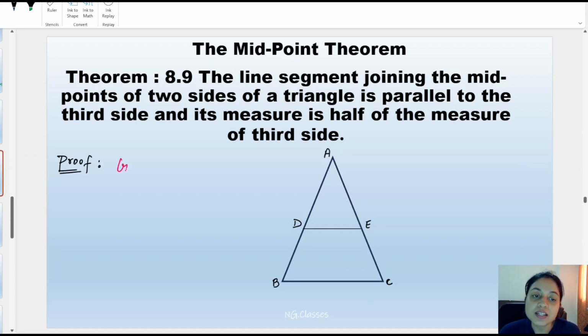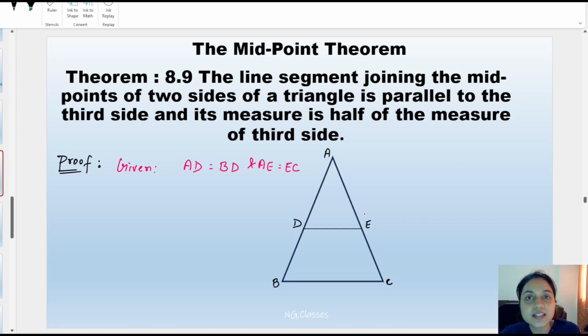That means it is given that AD is equal to BD and AE is equal to EC. To prove this, we need to do one construction.